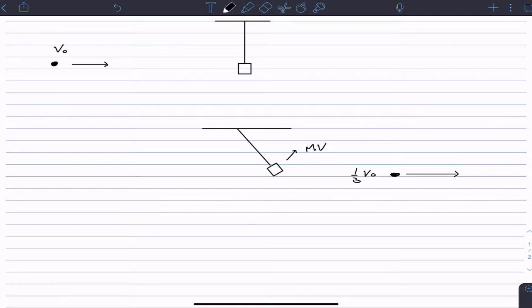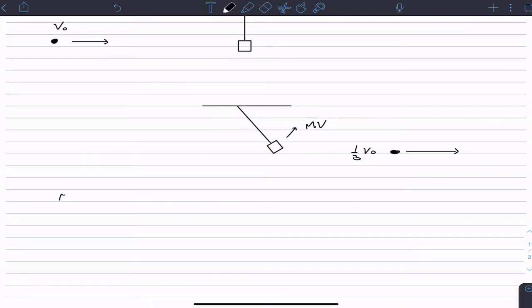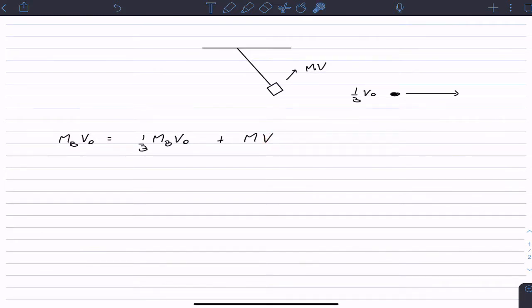So we have m block V0 is equal to 1/3 mass of the bullet V0, plus the mass of the block times velocity. So we want to know, what is this? No problem, let's figure it out.